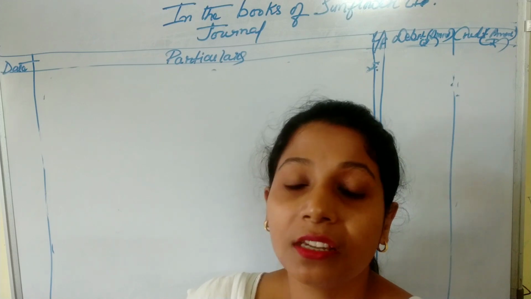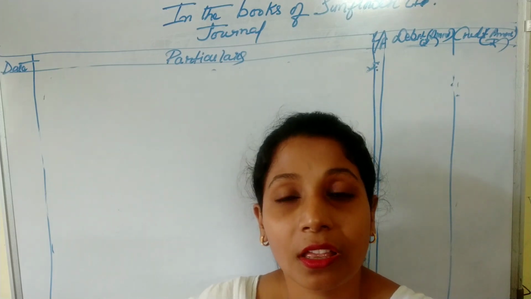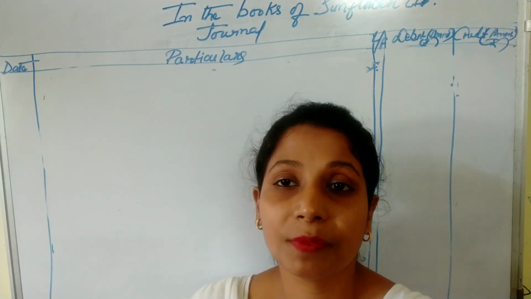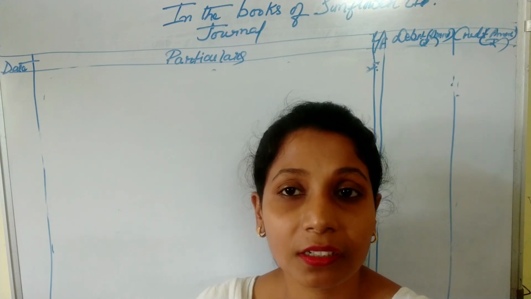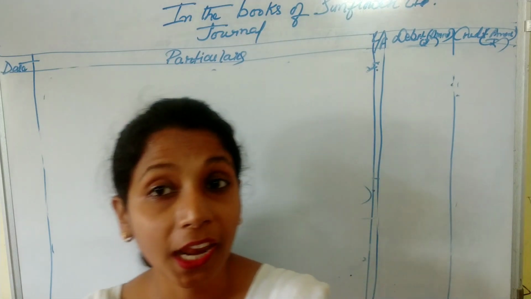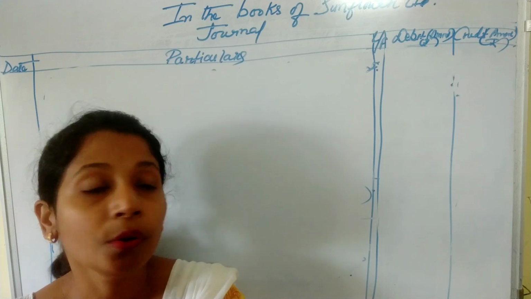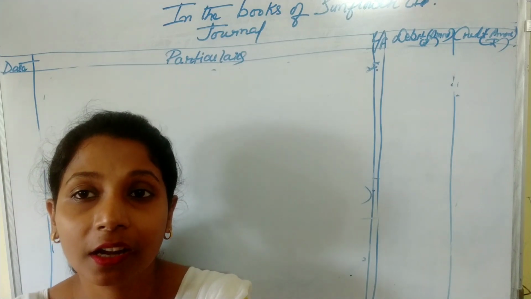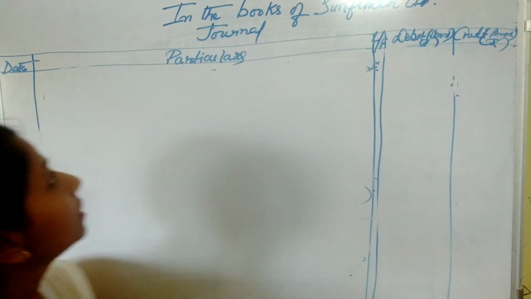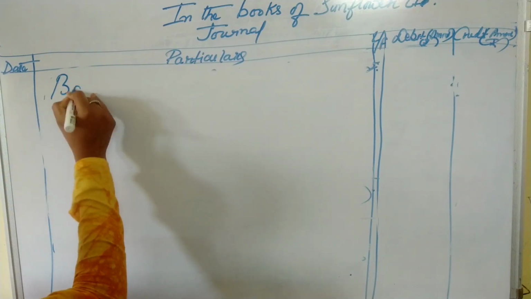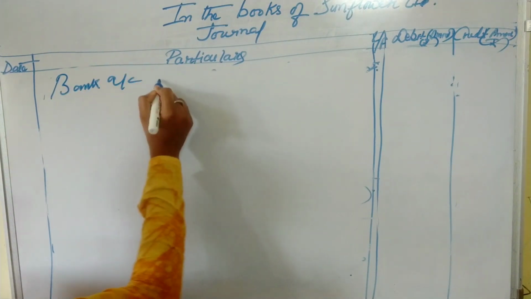So in this entry what will come? The money not paid by the shareholders when called is called calls in arrear. So here the calls in arrear entry will come. Bank account debit.